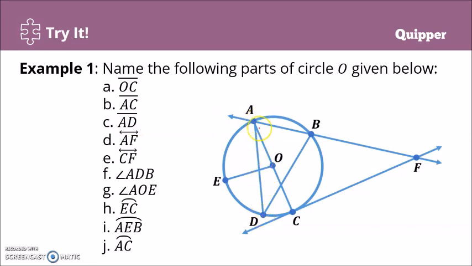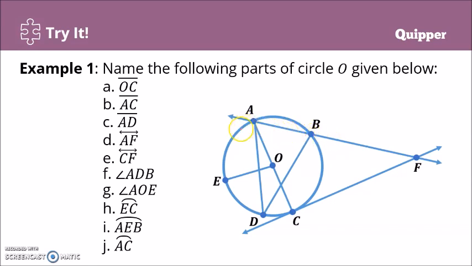Line segment AD. This line is a chord. Okay, chord. Next, AF. It's not a line segment, it's a line. Letter D, line AF. This line intersects two points on the circle, point A and point B. So, this line is called a secant.